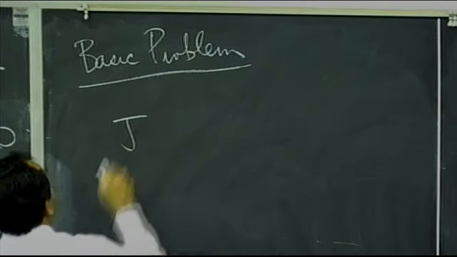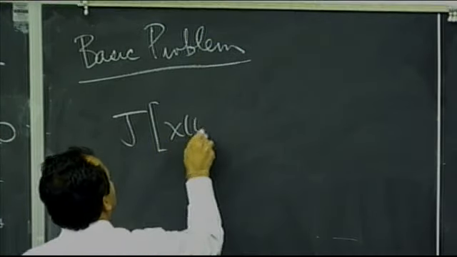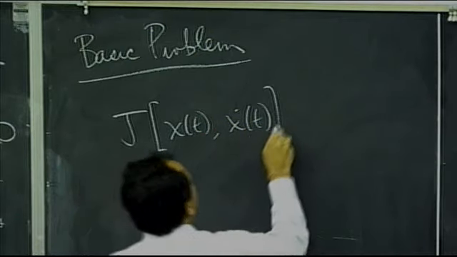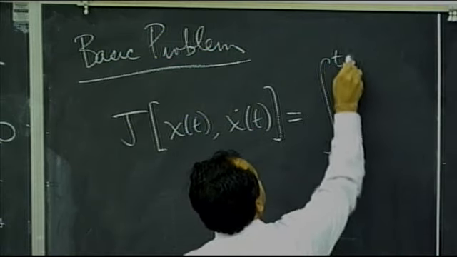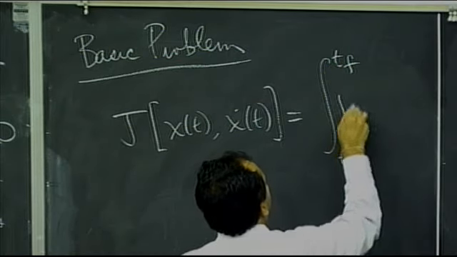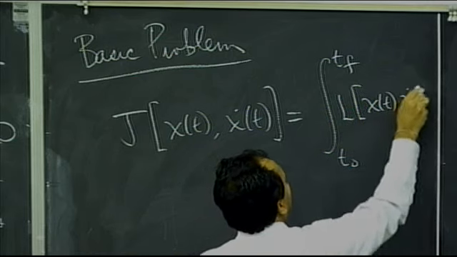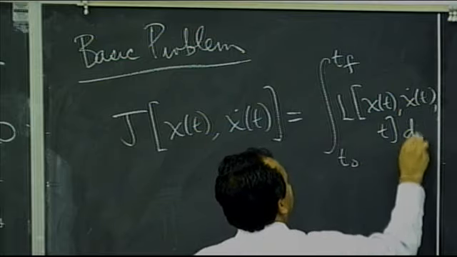I've got J, which is a function of x of t and also of x dot of t, and it's equal to the integral from t0 to tf of a function L of x of t, x dot of t, and t, dt.